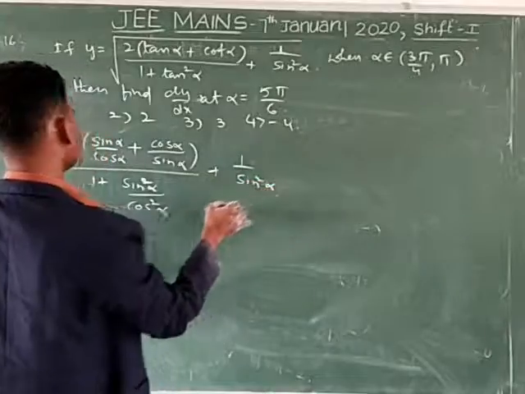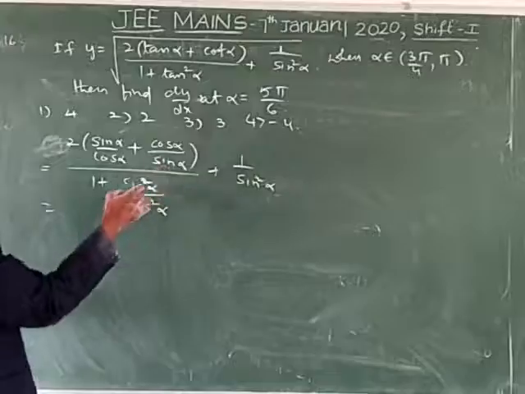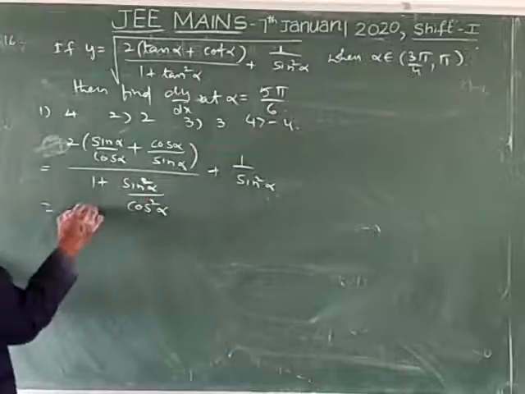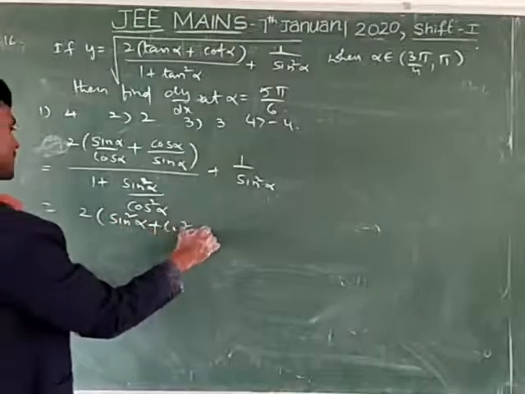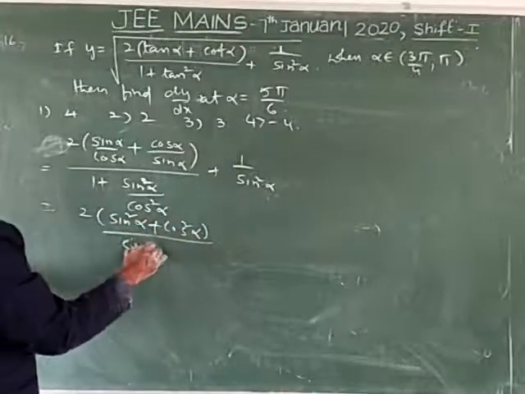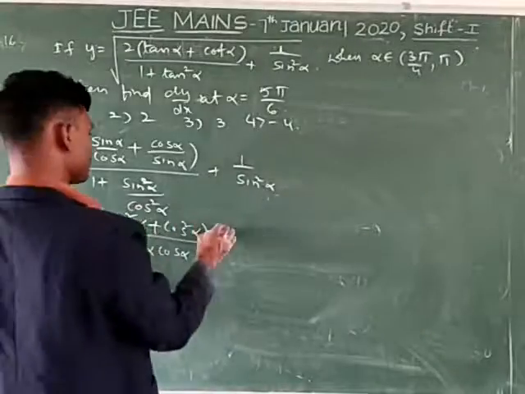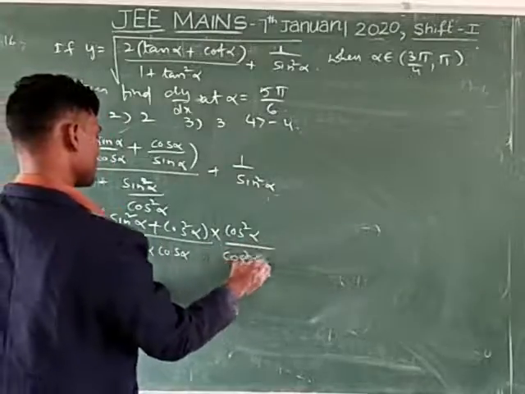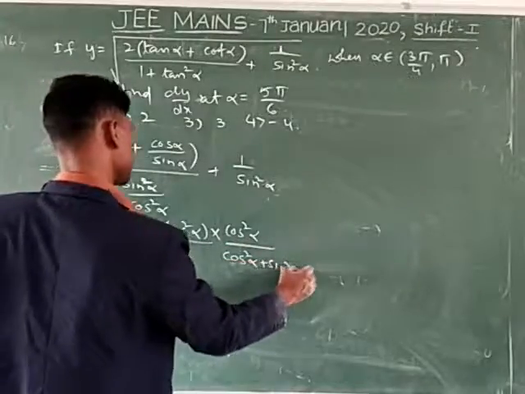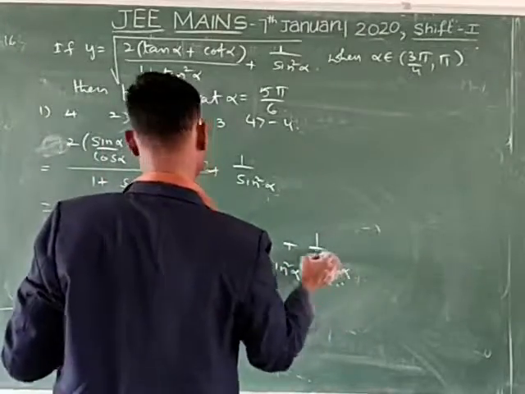Now take the LCM: cos square alpha into sin alpha, cos alpha into sin alpha. Then 2 into (sin square alpha plus cos square alpha) by sin alpha into cos alpha. The cos square alpha goes to the numerator: cos square alpha by (cos square alpha plus sin square alpha), plus 1 by sin square alpha.